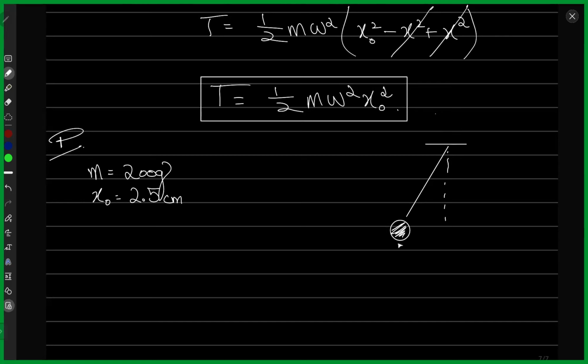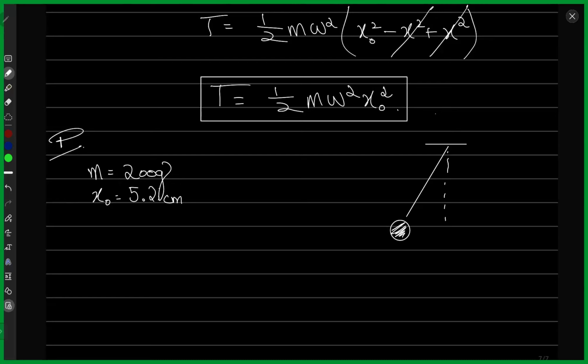So here I'm just telling you the wording of a question in your exam. The maximum height that the pendulum raises to is 2.5 centimeters, meaning the amplitude of the oscillation. Or let's take it 5.2, since 2.5 is very small.